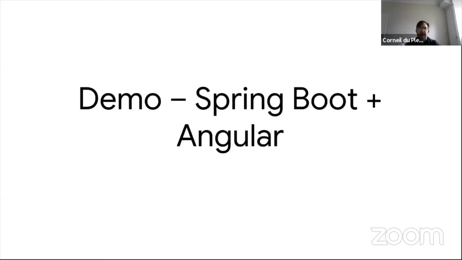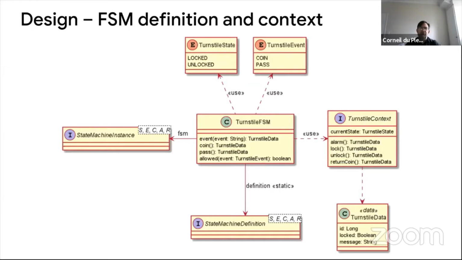I'm going back here and I'm going to show you a model which has a finite state machine at the heart, which has two states, locked and unlocked, and two events, coin and pass, or we can call it pay and pass. And the finite state machine model is defined.